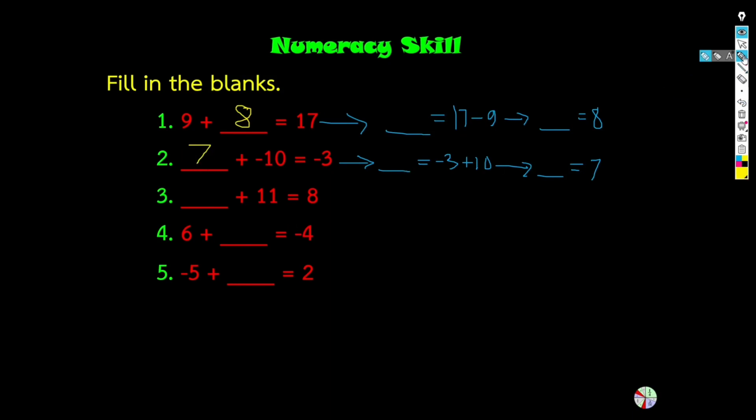Number 3, we will transpose again. Transfer the 8 here. Transfer the 11, that's negative 11 now, and the blank is equal to negative 3. The answer here is negative 3.